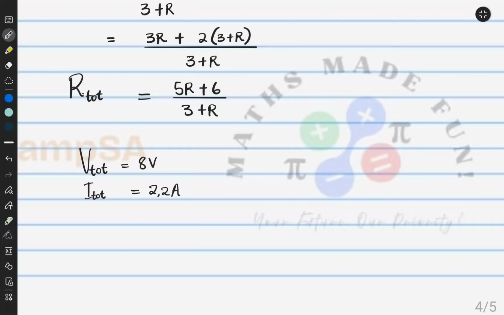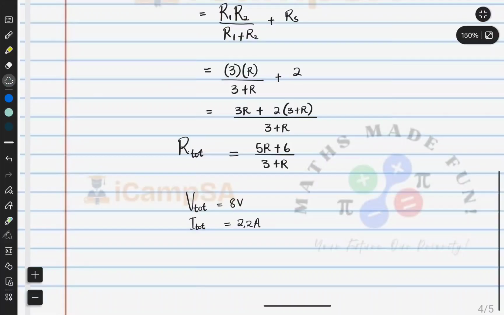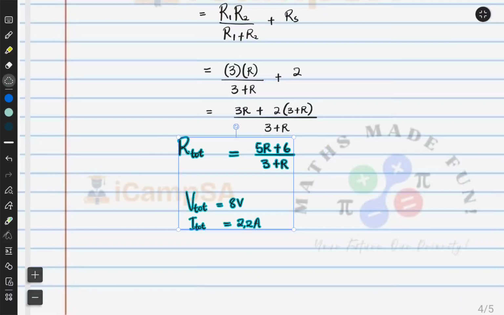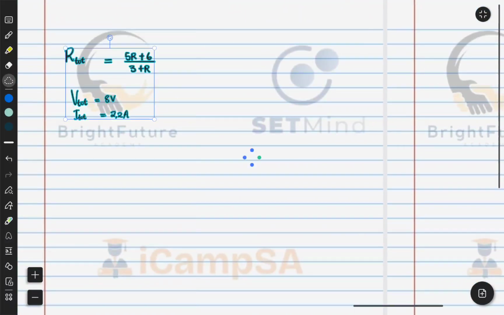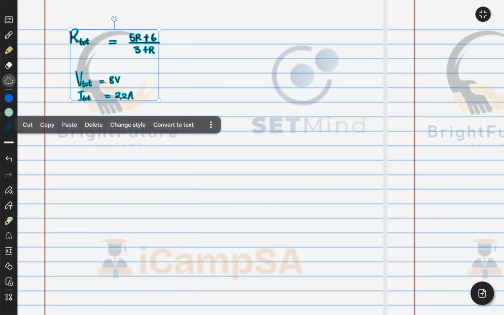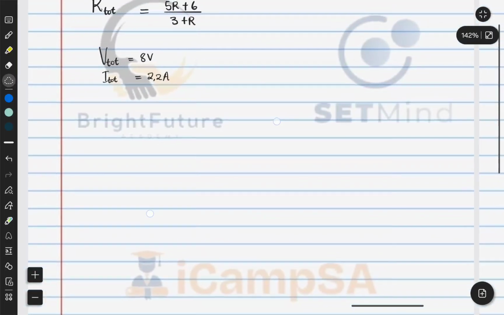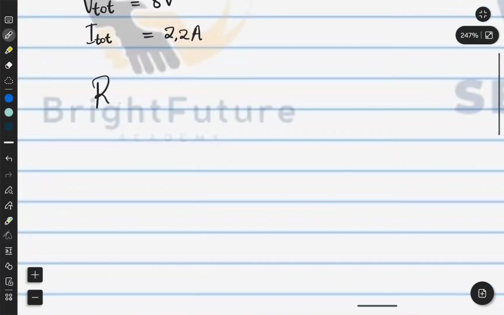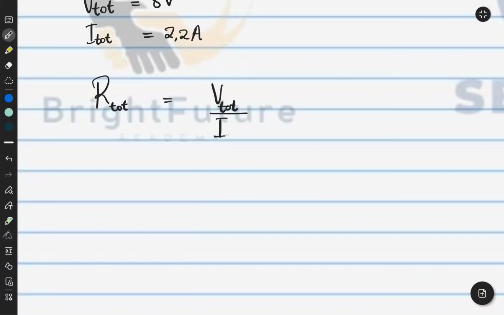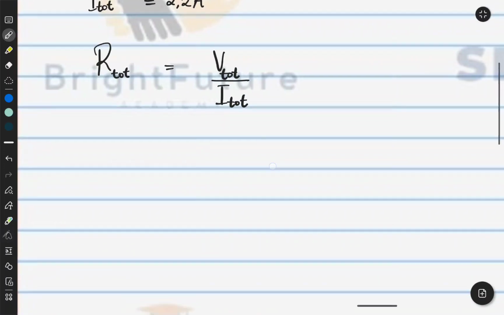All right, so if I say R tot, I can easily say this is equal to V tot over my total current, total voltage over total current.